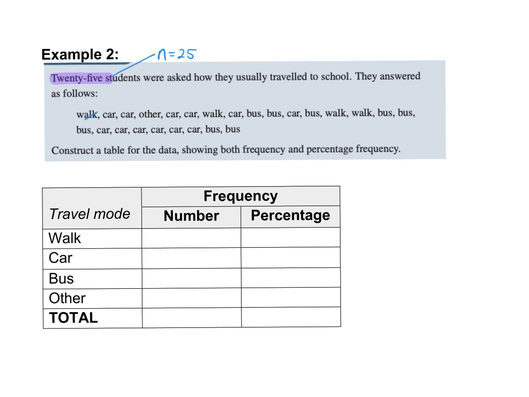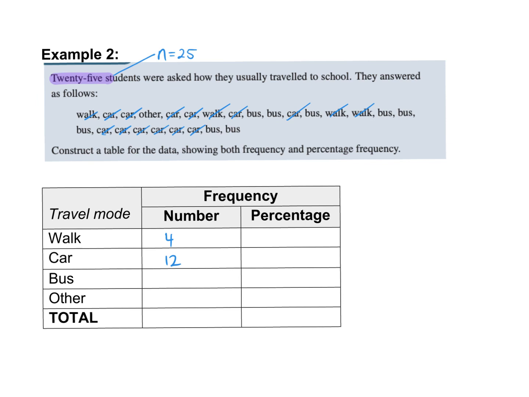So we've got 1, 2, 3, 4. So 4 walk. And now do the car. 1, 2, 3, 4, 5, 6, 7, 8, 9, 10, 11, 12. So 12 in the car.